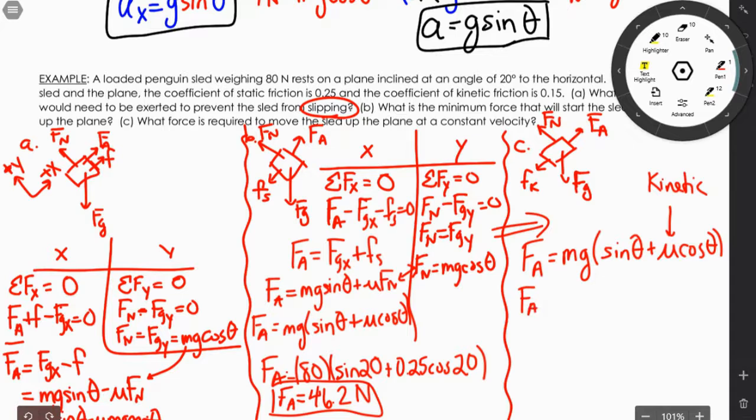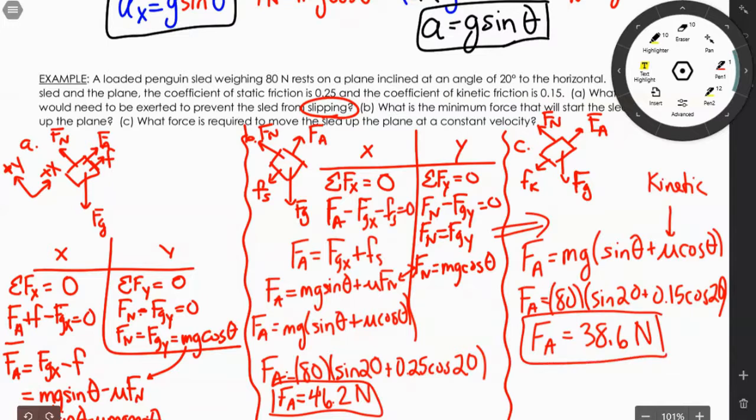So it's going to be Fa equals 80 times sine 20 plus 0.15 cosine 20, because it tells us our kinetic friction is 0.15. So I'm going to go back to my calculator, plug all that in. And so our applied force is going to be 38.6 newtons. Does that hold true? Well, Fa for kinetic should be less than our static one, and it is.